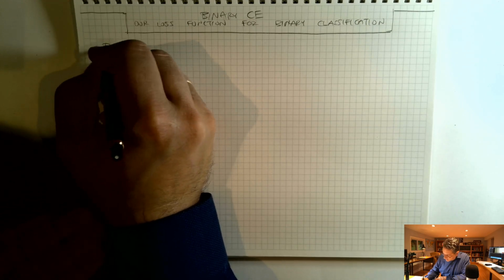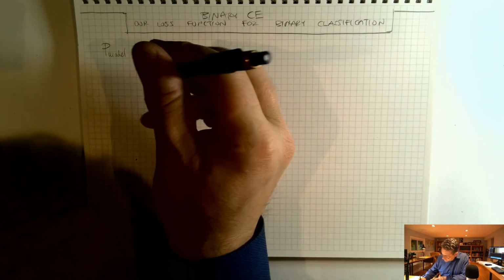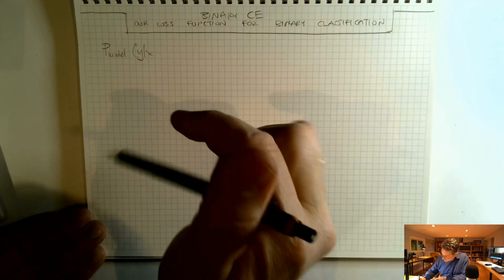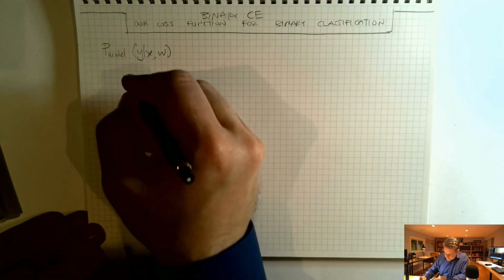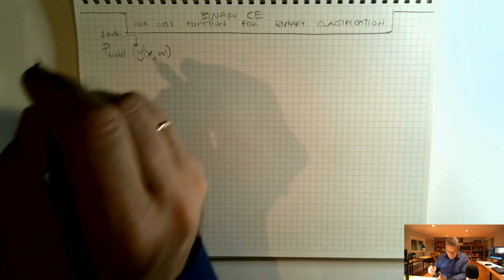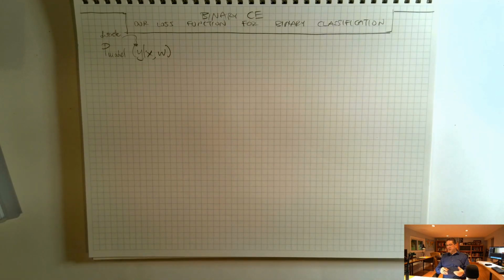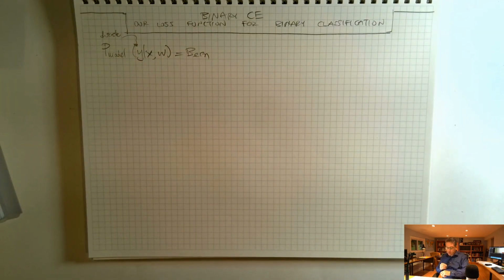So our form of p-model of y given x, comma w, this y over here is definitely discrete, and in fact binary. I have seen already in the discussion of the entropy video coin tossing, and I know that at that point I quoted the Bernoulli distribution as the appropriate probability distribution for our model.